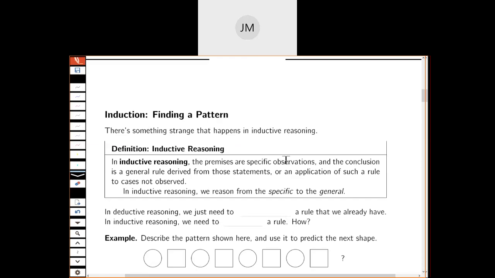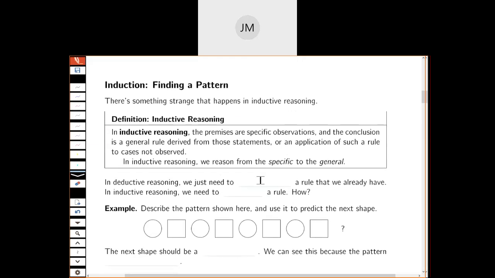Okay, so let's look at the beginning of this process, where what we're trying to do is look at something and see if we can notice a pattern.